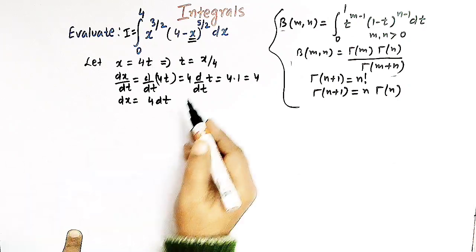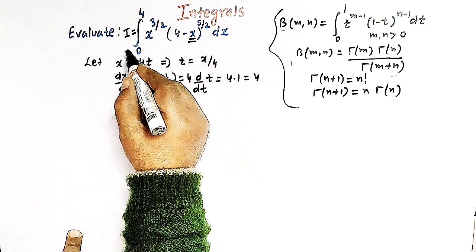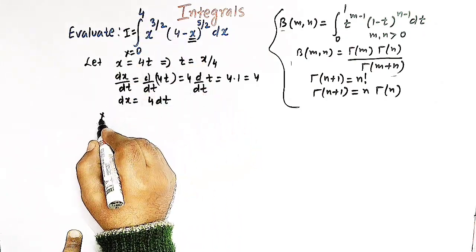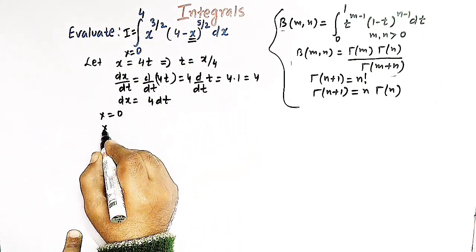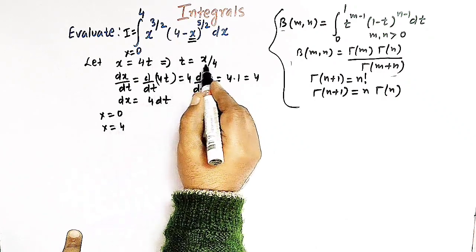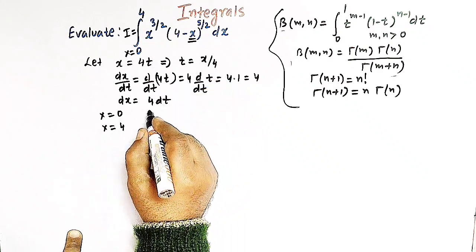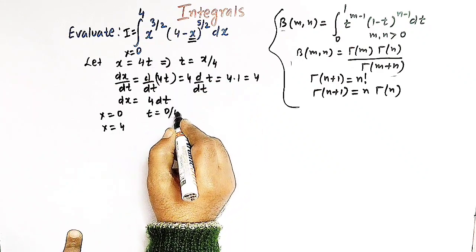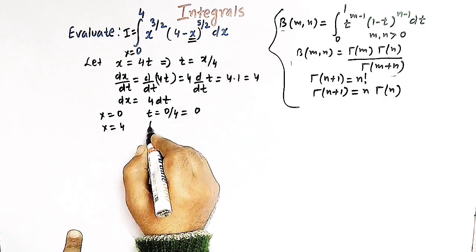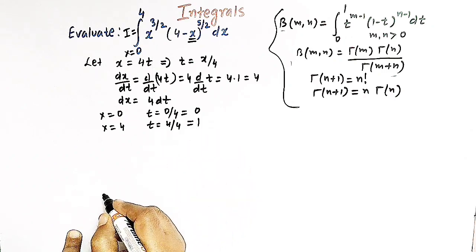Now let us change the limits, because x varies from 0 to 4, and we can find the value of t using this relation. When x is equal to 0, then t is 0 over 4, that is 0, and when x is 4, then t is 4 over 4, that is 1.